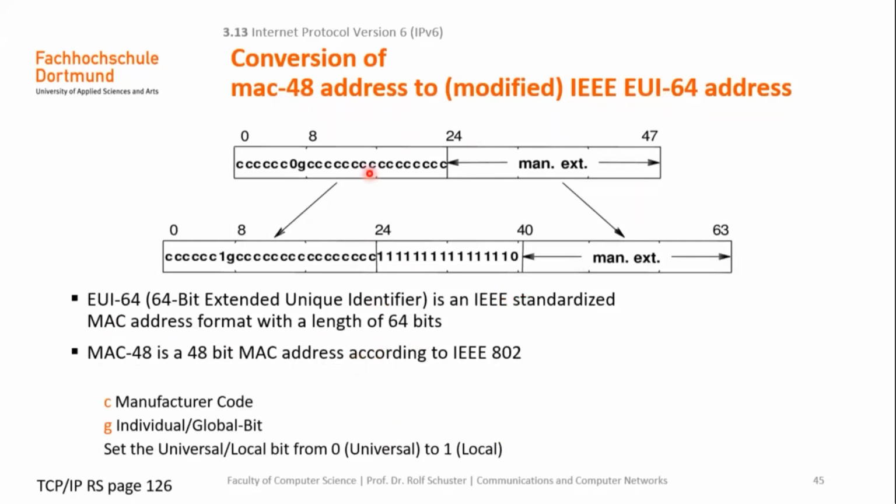The MAC address is 48 bits long, and we split this MAC address and insert in the middle this information, those 16 bits, and we change this bit.